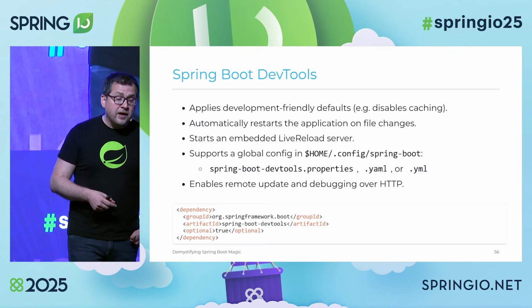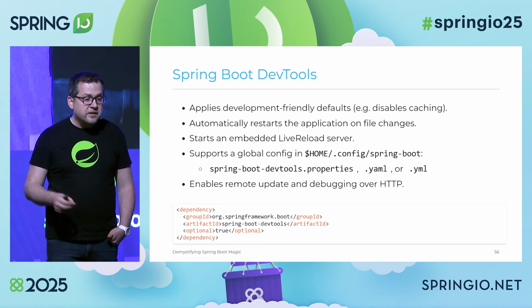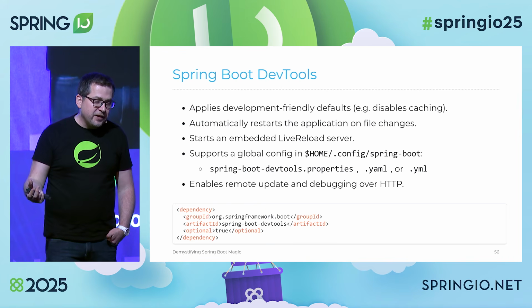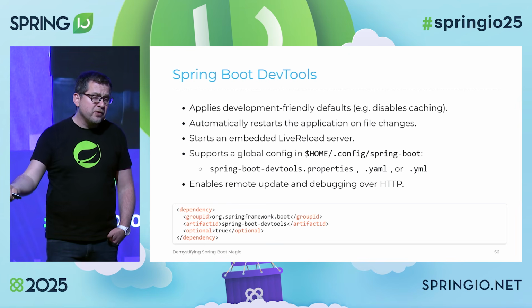DevTools help you with that, because you can connect to your single application instance, which is hopefully not deployed in production, because you want to debug that, right? And you can connect via HTTP in debug mode, and you can add breakpoints and debug through your application.